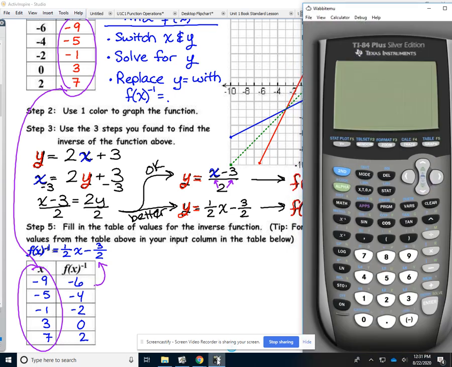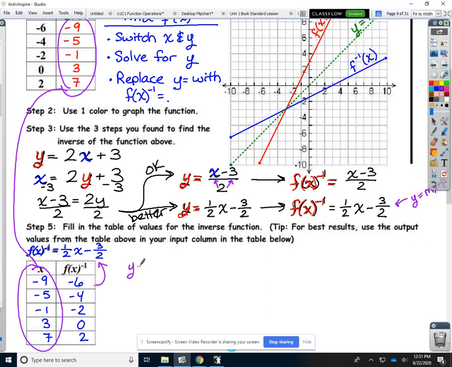Or using this equation, which is probably easier: negative 9 minus 3 divided by 2, and then you have negative 12 over 2 equals negative 6. So there's your negative 6.